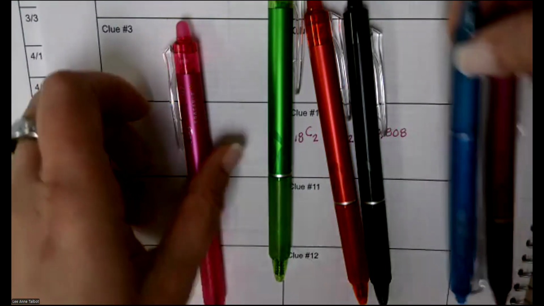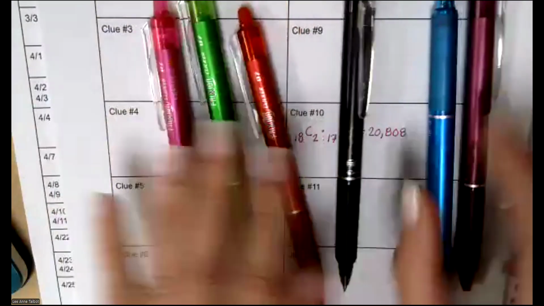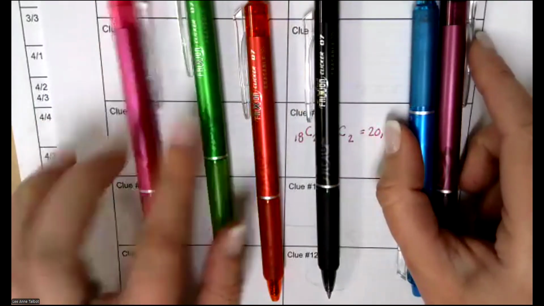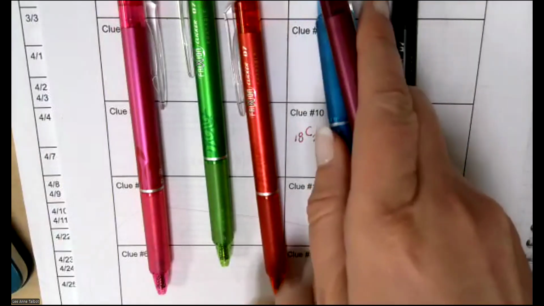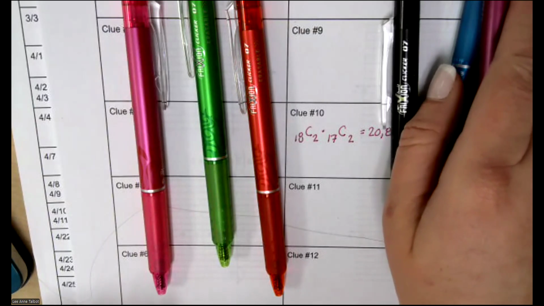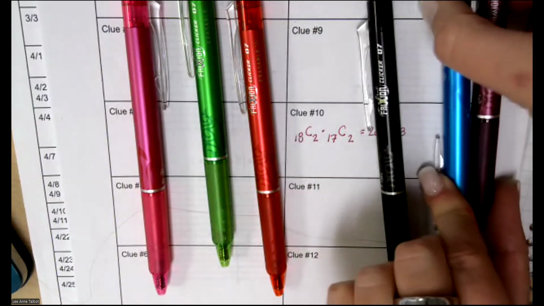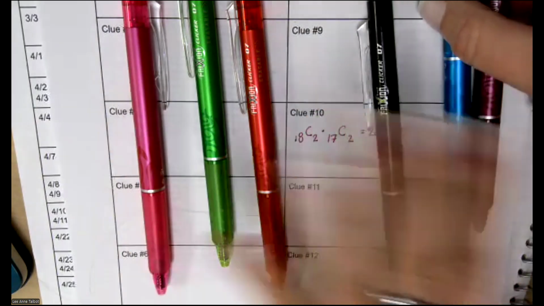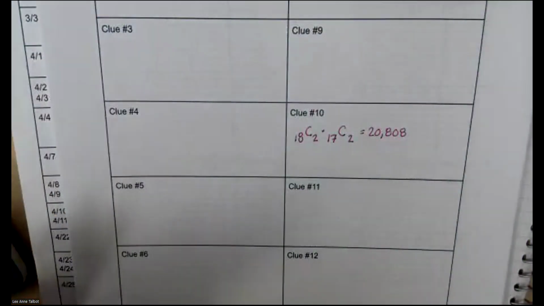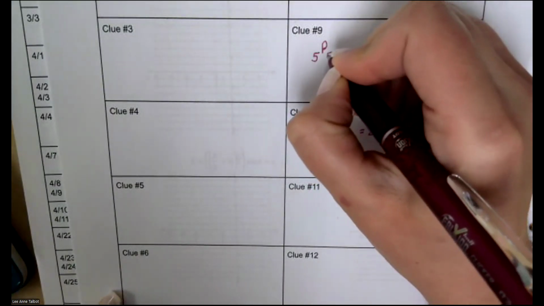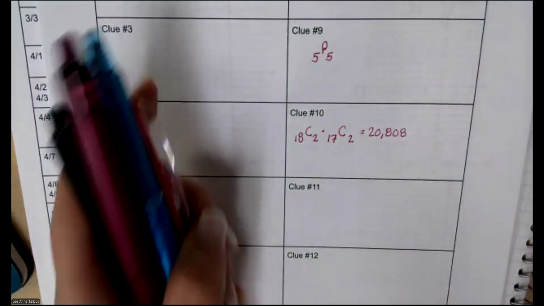So let's pretend that these 2 guys have to be next to each other, right? If these have to be next to each other, there's really only 5 options for moving them. Just pretend these 2 pens are glued together. That means that there's really only 5. So you have 5 and you're arranging 5 because they're different.